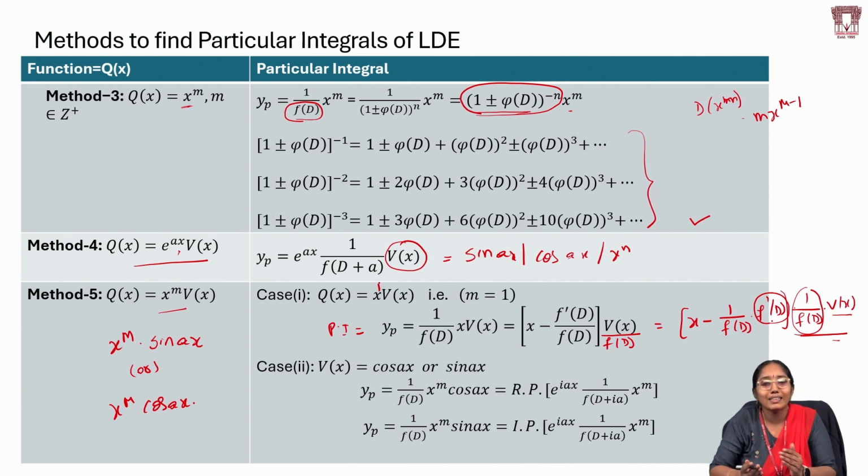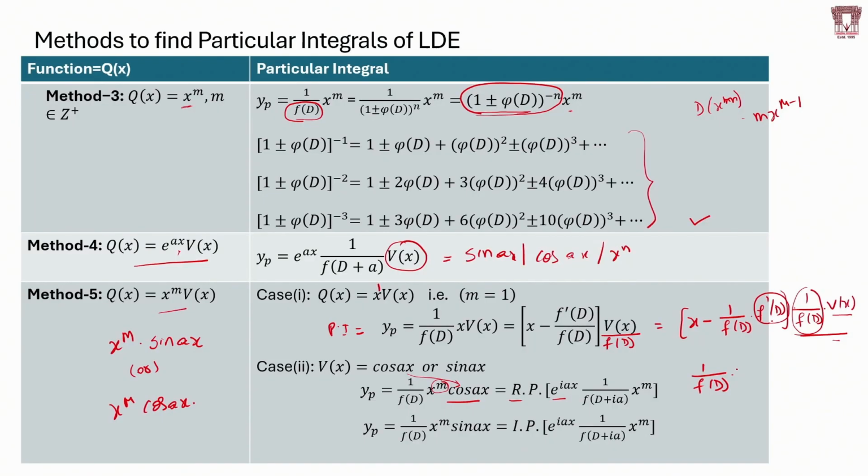If the power is other than 1, in such a case, find the particular integral for the case of cos ax. Here the degree is other than 1. X power m cos ax can be written with cos ax replaced by the real part of e power iax. 1 by f of D into x power m cos ax is the real part of 1 by f of D into e power iax into x power m.